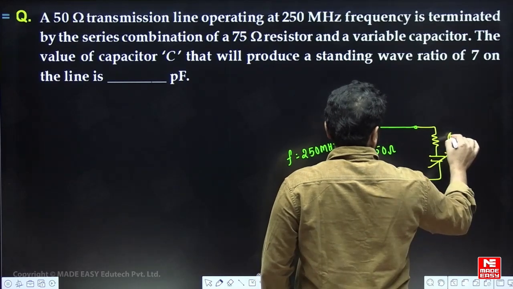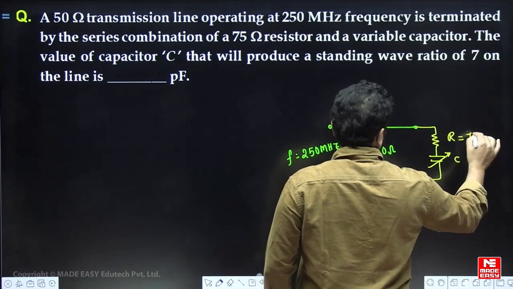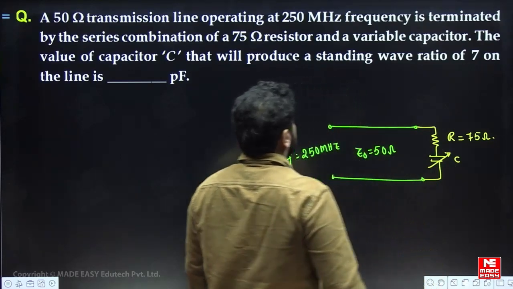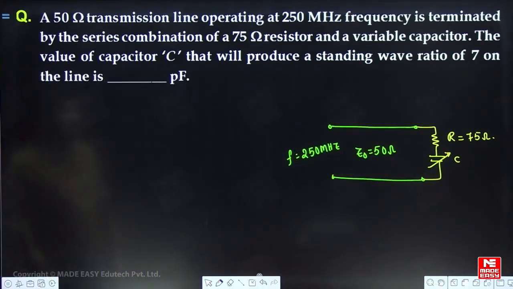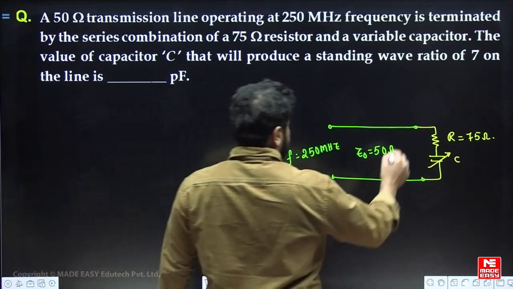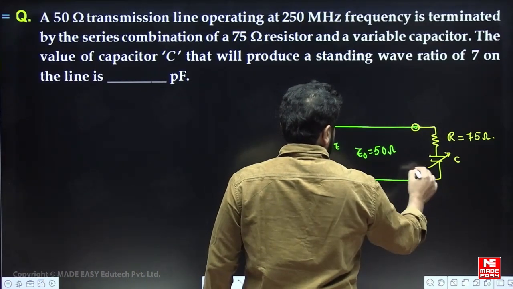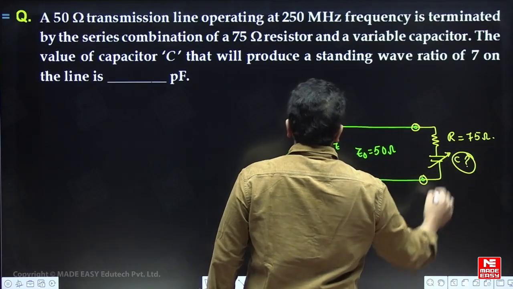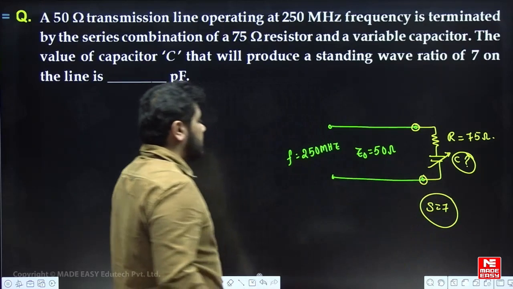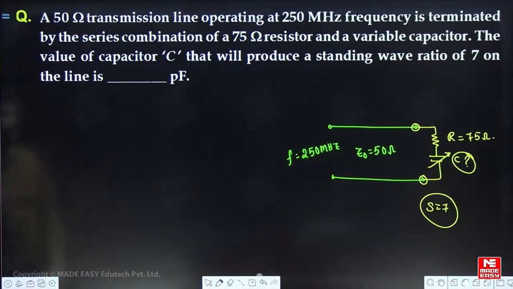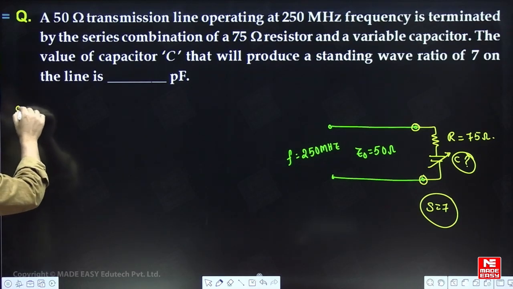So this is C and this is R, and this R value is given as 75 ohm. They are asking what is the value of C, so that the standing wave ratio is 7, right. So what should be the value of capacitance, so that I will get the standing wave ratio as 7, right.